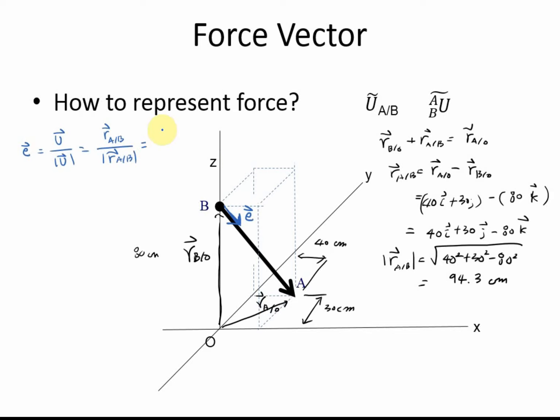So our RAB is 40i and 30j minus 80k divided by the magnitude 94.3. So that's the unit vector. So this is 40 divided by 94.3 i and 30 divided by 94.3 j and minus 80 divided by 94.3 k. That should be your unit vector components.